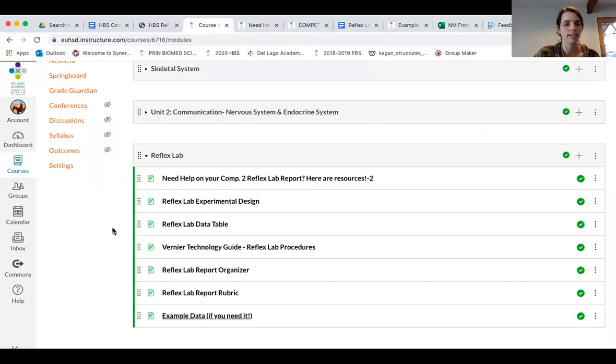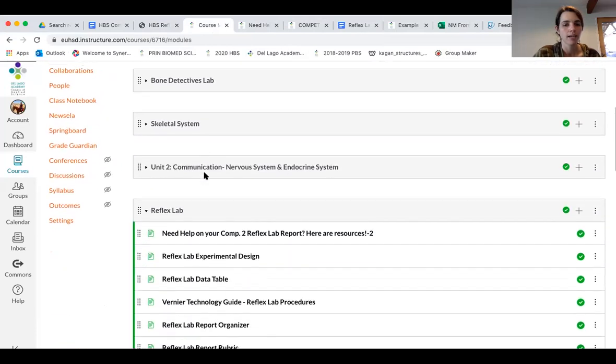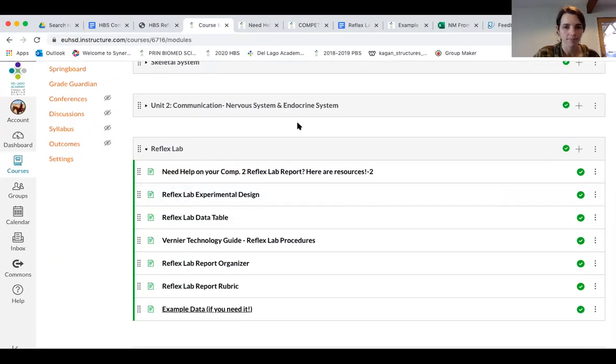What I've done, and again, it looks different because I'm on a laptop versus your iPad, is go to Canvas, to modules, and here in modules, I added this new one last week, titled Reflex Lab, and on here, both Ms. Gronke and I have compiled a variety of resources to help you out. All right, so let's look through these.